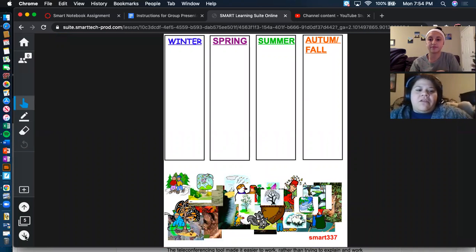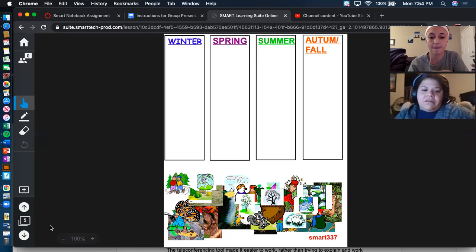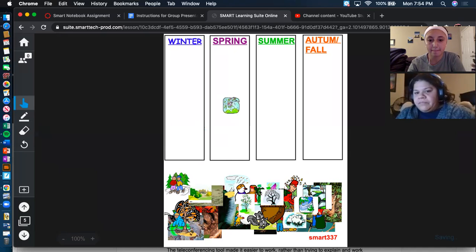So another activity, this one is for sorting. This template, they're going to sort the images or the pictures and put them in the season they belong. And they can do this activity in groups or individually.